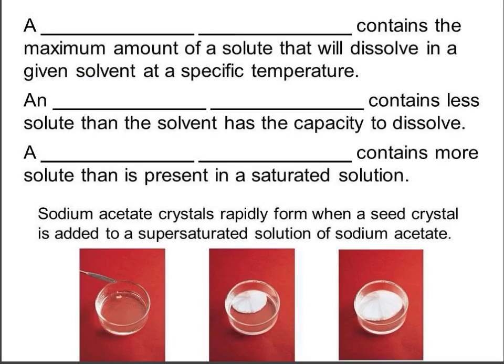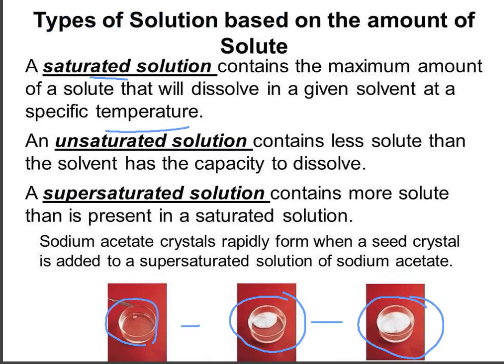Next, we go back to our answer. It contains the maximum amount of a solute that will be dissolved in a given solvent at a specific temperature. What do you think is this? We call this a saturated solution.